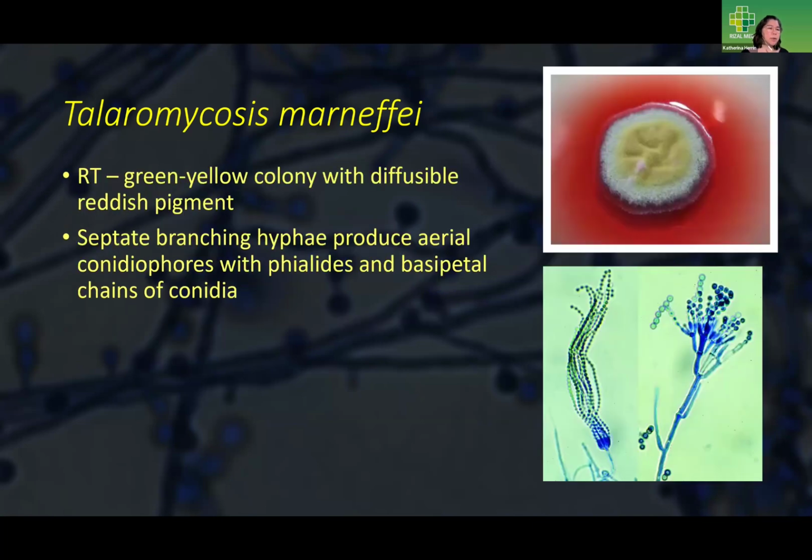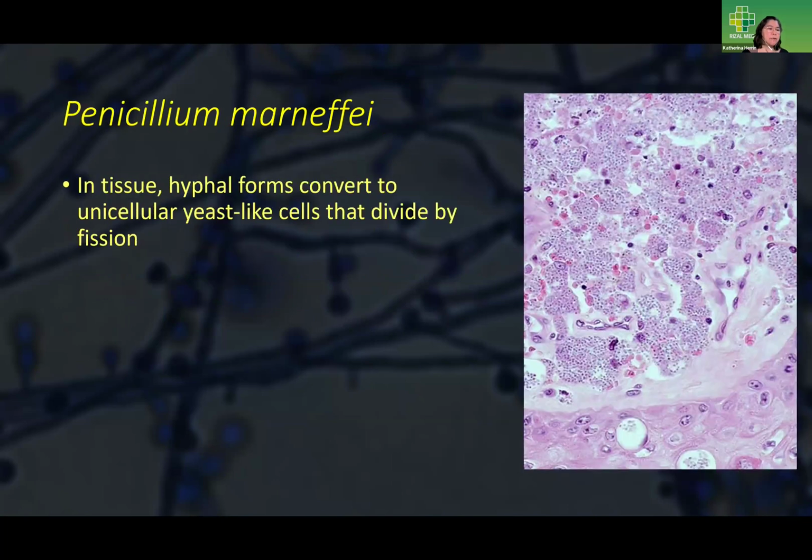At ambient temperatures, the mold form grows rapidly to develop a green-yellow colony with a diffusible reddish pigment. The septate branching hyphae produce aerial conidiophores bearing phialides and basipetal chains of conidia. In tissue, the hyphal forms convert to unicellular yeast-like cells that divide by fission.